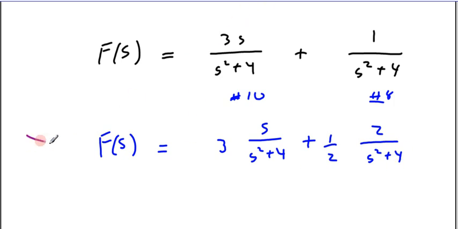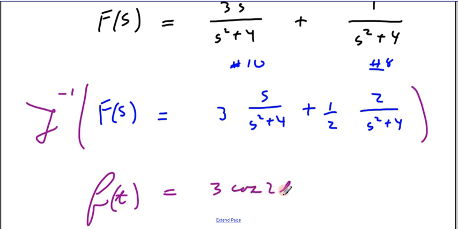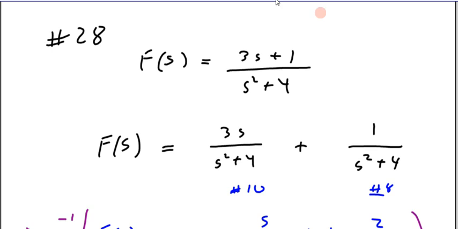Now we take the inverse Laplace transform of the whole thing, and we say f of t is equal to 3 cosine 2t plus 1/2 sine 2t. And we find that that one checks, so that's good. That was 28, I think. Okay, we're going to do one more and call it a day.